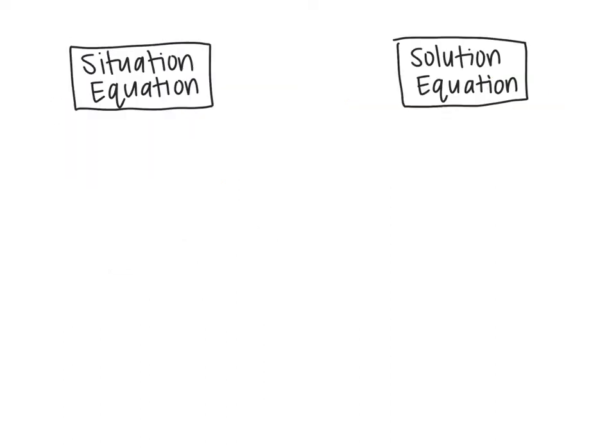This week, we're going to use variables in two different types of equations, a situation equation and a solution equation. For a situation equation, we're going to be thinking about the action, which in math we call the operation. The four operations in math are addition, subtraction, multiplication, and division.